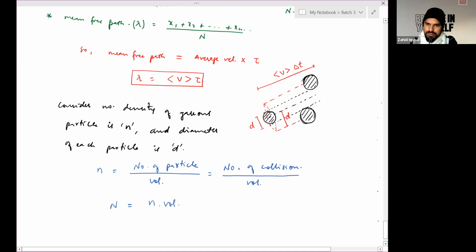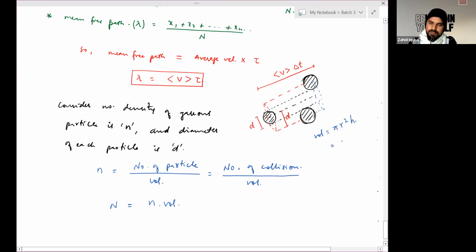Now this particular geometrical figure is like a cylinder. So the volume of the cylinder for this part is pi r squared into h.